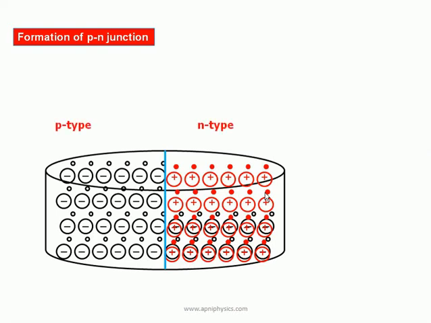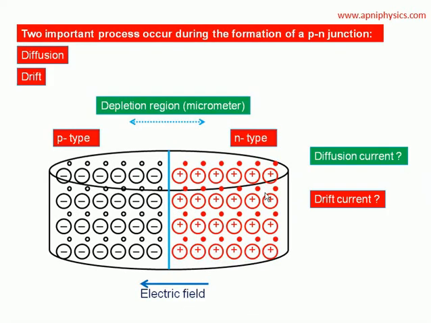Now when this process completes, two processes carry on. One process is known as the diffusion process, and the second is known as the drift process. The diffusion process is basically because of the majority charge carriers.